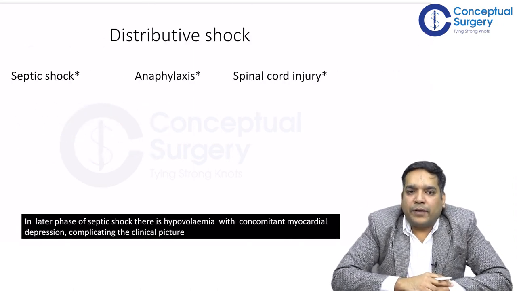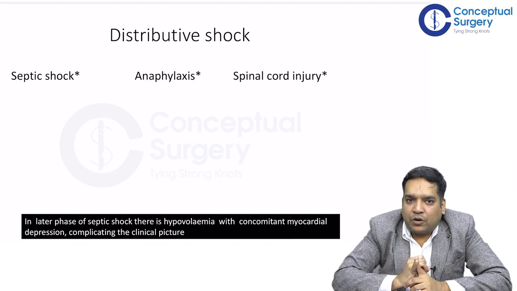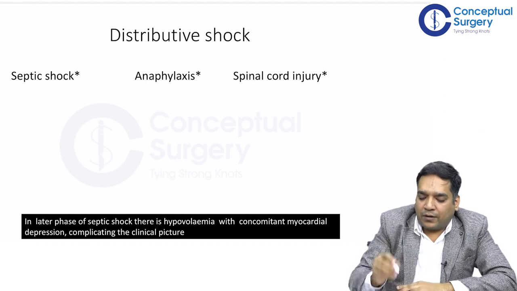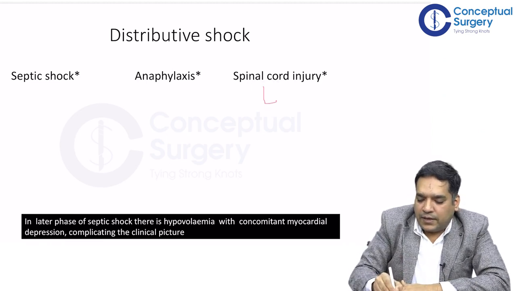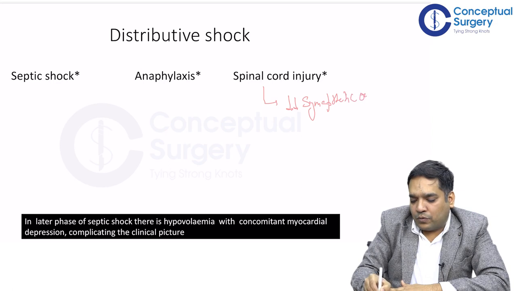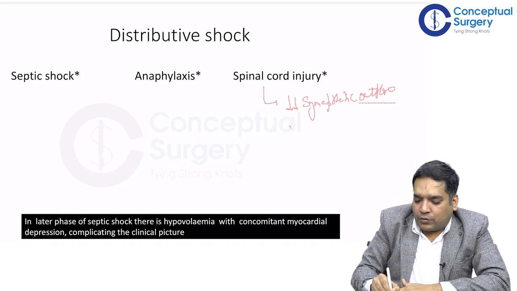Distributive shock is seen in three states. It is a part of sepsis, septic shock, it is a part of anaphylaxis, and it is a part of spinal cord injury. What happens in spinal cord injury? There is a decrease in sympathetic outflow. But remember, my friend, vascular tone is normal.